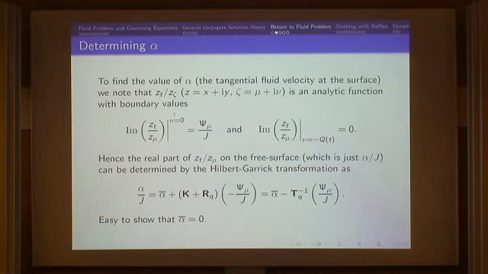Well, what we can note is that this function z of t over z of zeta, where zeta is going to be mu plus i mu, is an analytic function in our domain.